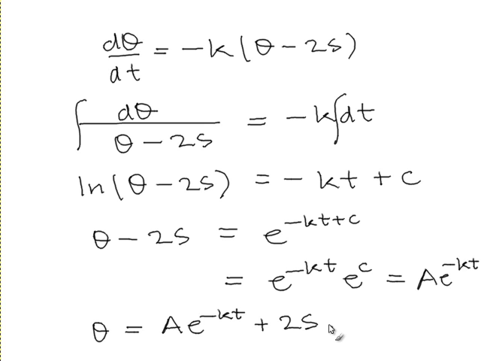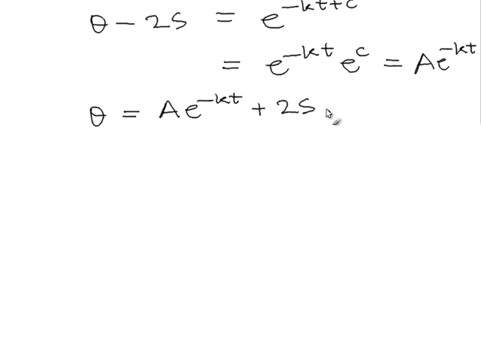We're now given that the boundary conditions are that theta is 75 degrees C at t equals 0 and 60 degrees C at t equals 5, where t is in minutes, and we're asked to find the values of A and k, giving them to three significant figures. First of all, let's associate theta is 75 degrees C with t equals 0.